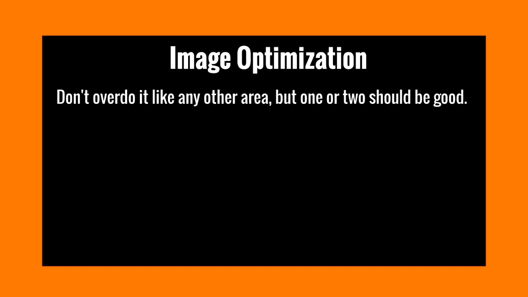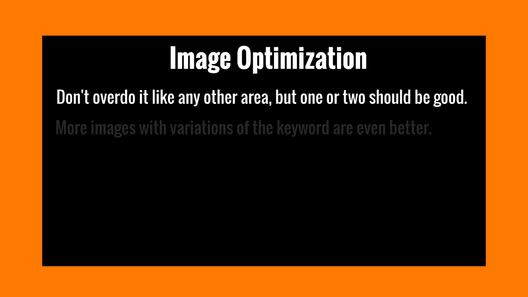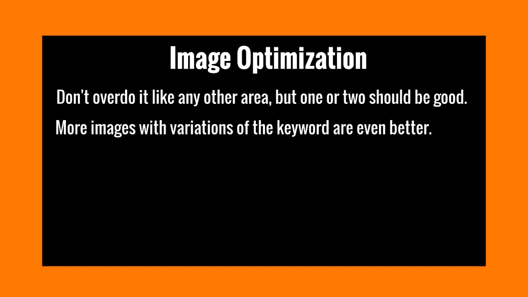So that is why making sure that your keywords and your images fit and are accurate enough matters, but you don't want to overdo it. One or 2 should be good, 3 or 4 should be fine, but you definitely don't want to overdo it. Like I said, more images with variations of the keyword are even better.